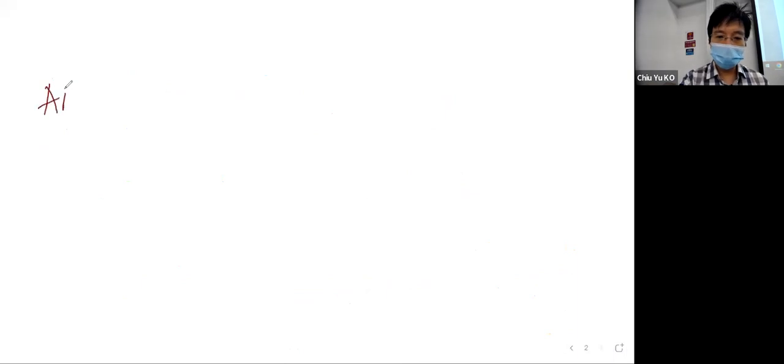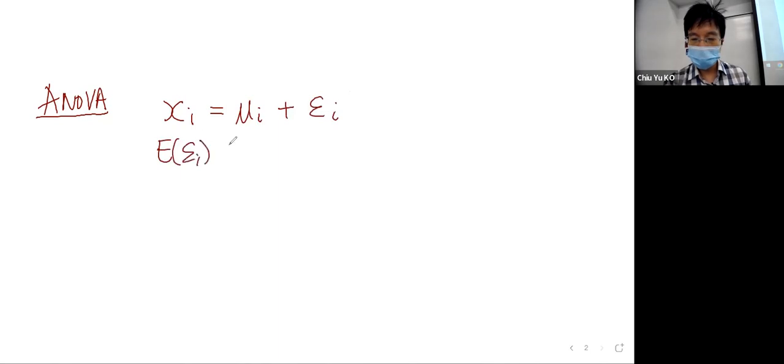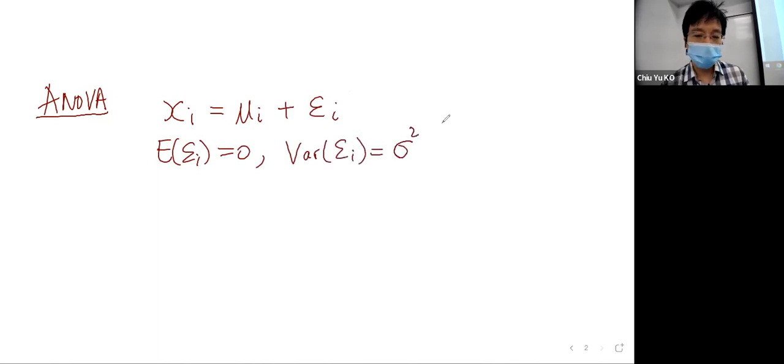When ANOVA, the model we have is that each observation, xi, comes from some unknown mean mu i plus epsilon i, right? And we are saying that the mean of epsilon is 0, and the variance of this is a constant variance.